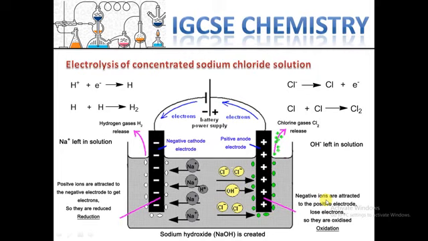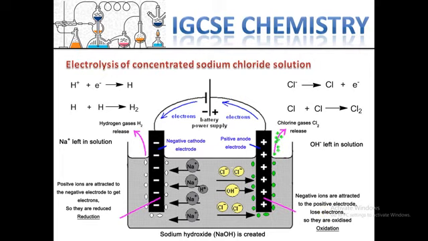Negative ions are attracted to the positive electrode and lose electrons. They lost their electrons, so we call it oxidation. If a particle loses electrons, we call it oxidation. If the particle or atom gains electrons, we say reduction. Keep this definition in mind, it is important.